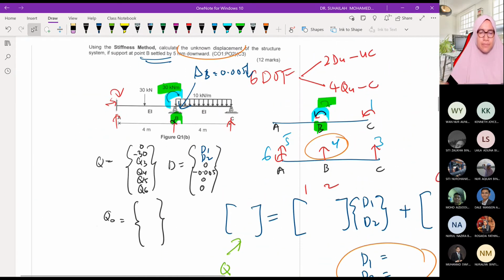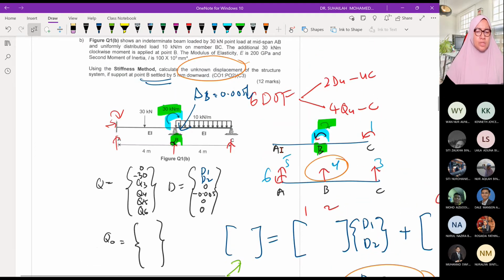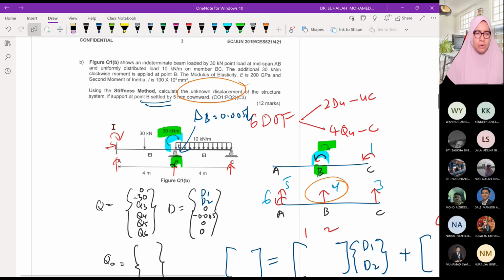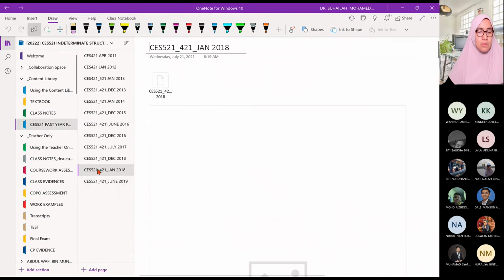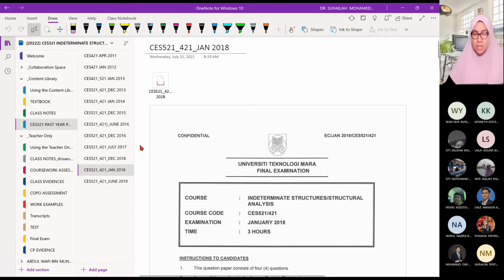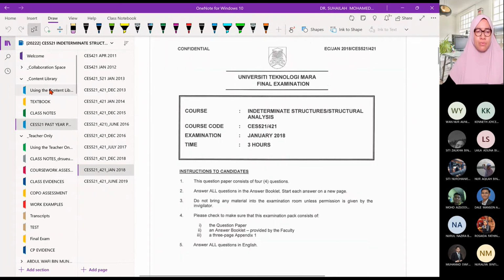Look back at the video where I explained how we analyze beams, considering beams and trusses, considering support settlement, and how we need to include that in the calculation. This question only asks up to unknown displacement. Actually, if you watch the video tonight, you will understand very well.